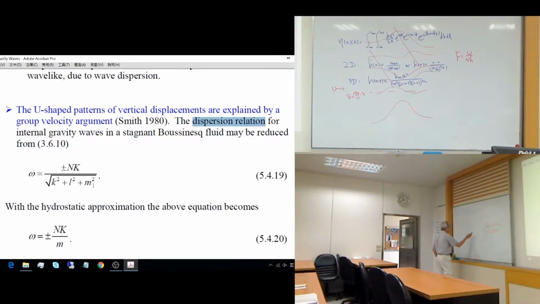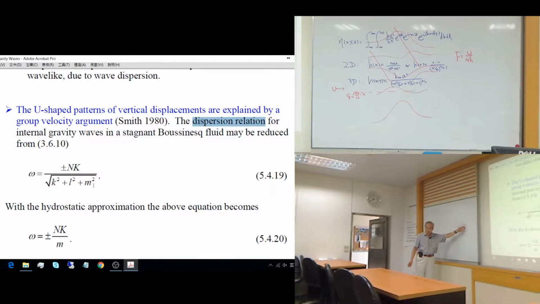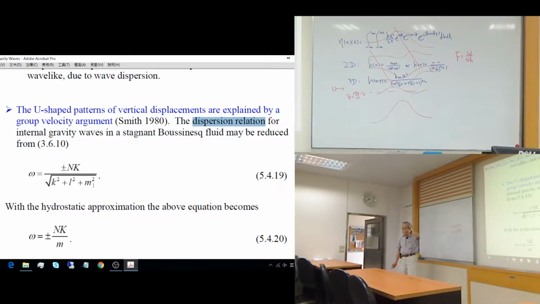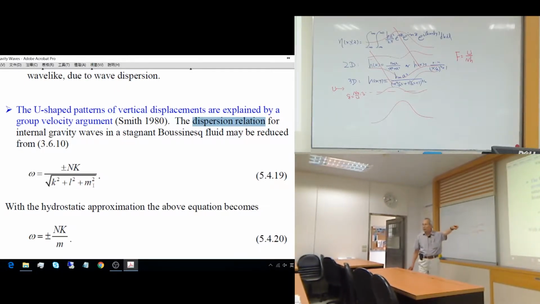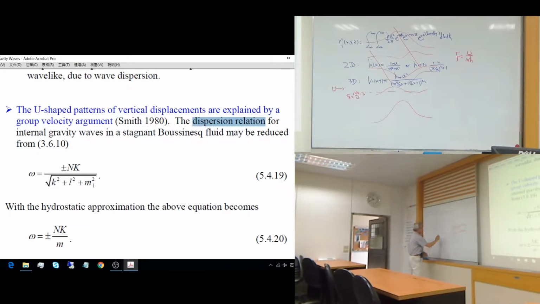Here, not everything, of course. We only transform x, y to k and l, because here we assume sinusoidal in the x direction and y direction, and we do that too for the Fourier transform.